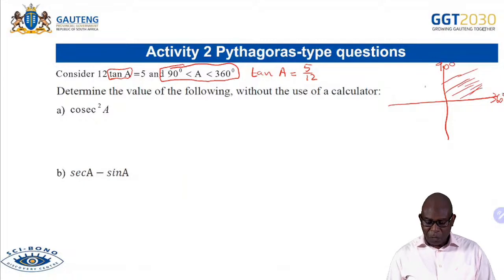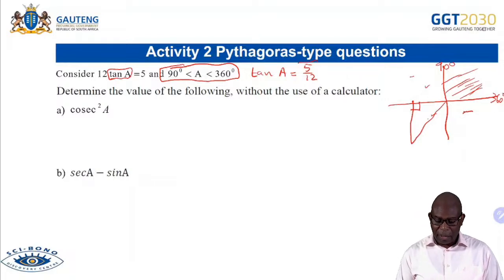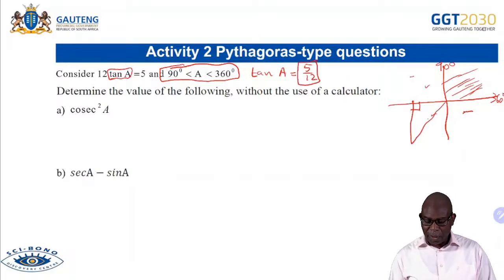So we are left with this one, and that. In this quadrant, tan is negative. In this quadrant, tan is positive. In this quadrant, tan is negative. But this thing here is positive. So we're going to work in this quadrant, that thing at A.